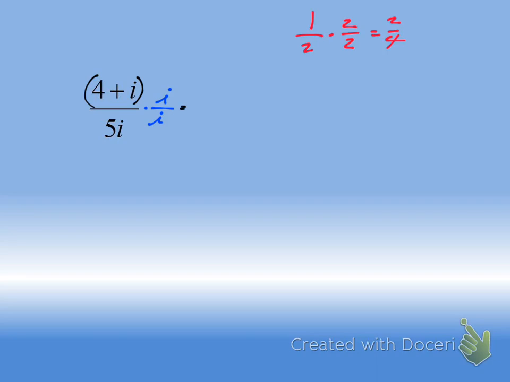Which is going to be i times 4 plus i over 5i times i. The blue i here times this quantity up here, this i down here, blue i times the 5i.